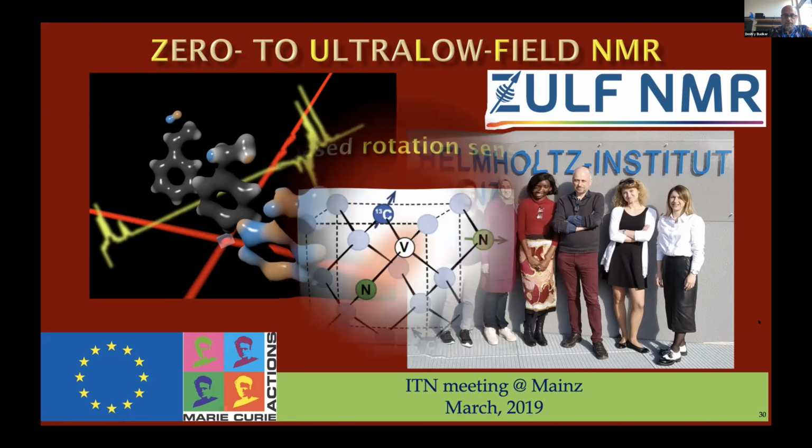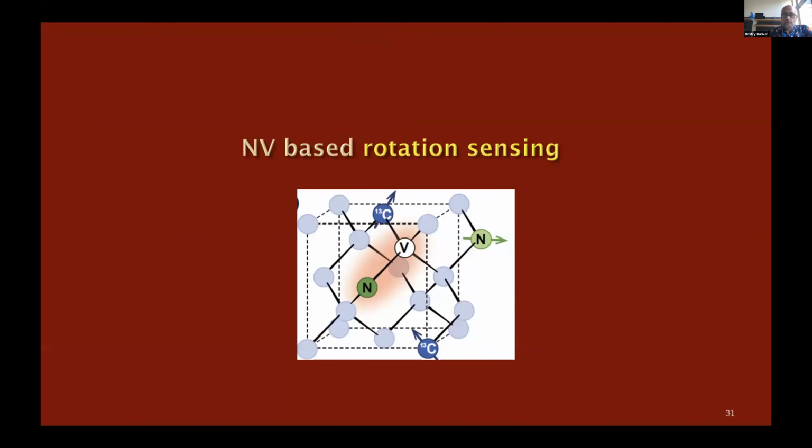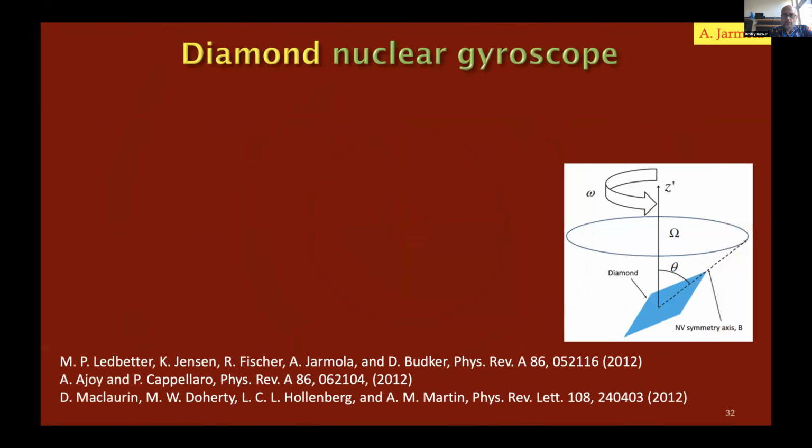So finally, I have just a few minutes, so I'd like to tell you just a few words about measuring rotations with diamond. We had this idea some years ago, 2012, and it turned out that our colleagues at MIT also had a similar idea, so they published right after us.